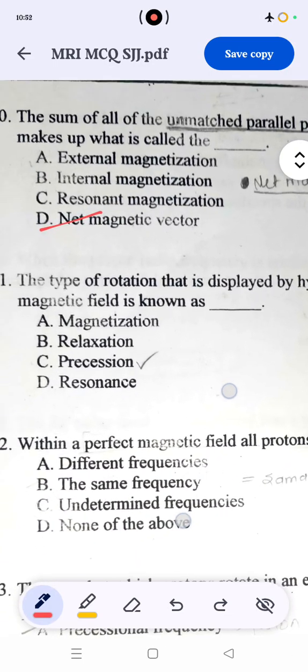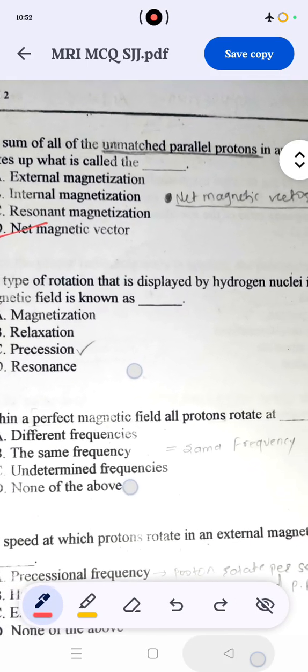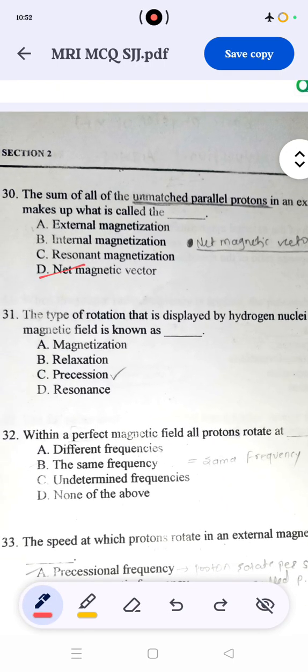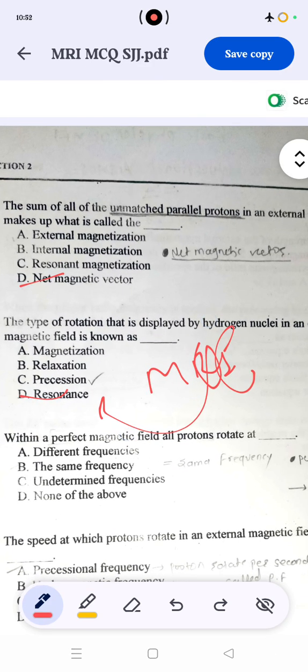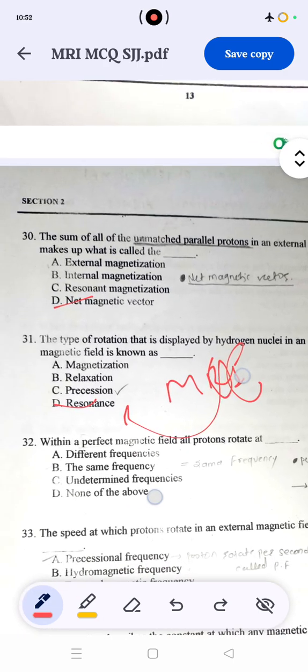Then what type of rotation is displayed by the hydrogen nucleus in the external magnetic field? It is known as resonance. Resonance is the type of rotation displayed by the hydrogen nucleus in the external magnetic field.